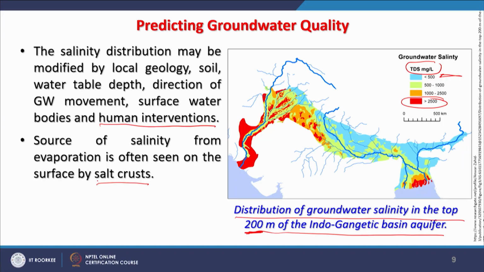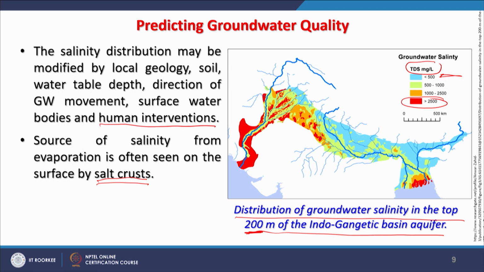That creates a salt crust, and then that agricultural field may become completely unfertile, useless. A lot of treatments are then required, because capillary rise of the water table and water at the surface, and then the evaporation process, brings the salts from depth to the surface.